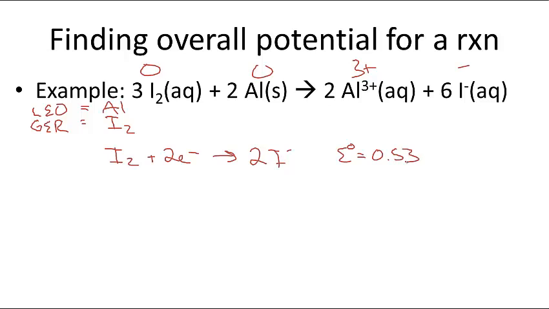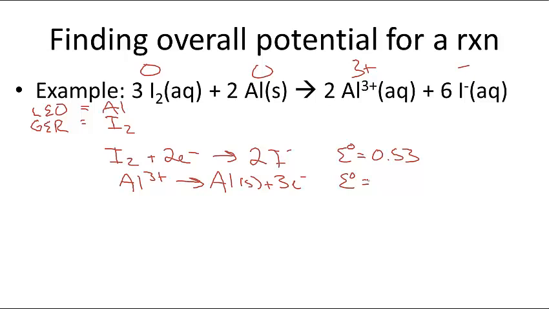Now, when you are oxidizing something, you flip the reaction the other way. So it's not your reduction reaction, it's the oxidation reaction, which is the other way. So in this case, it's Al makes Al3 plus plus 3e minus. What is the E naught for this? Right, so it's 1.66.